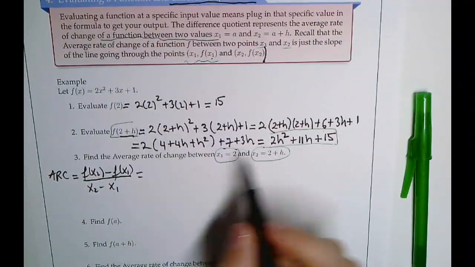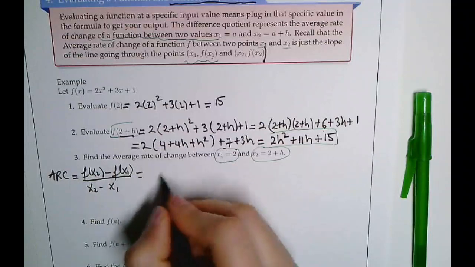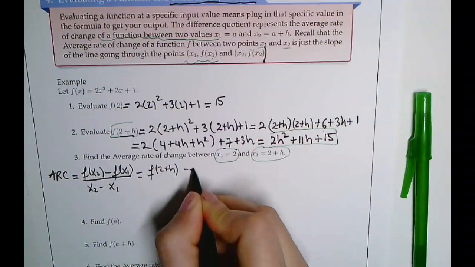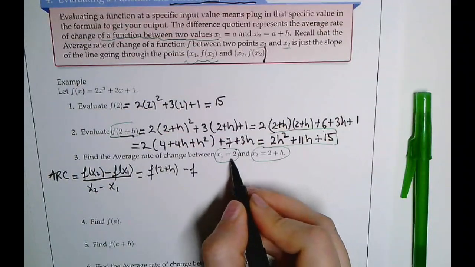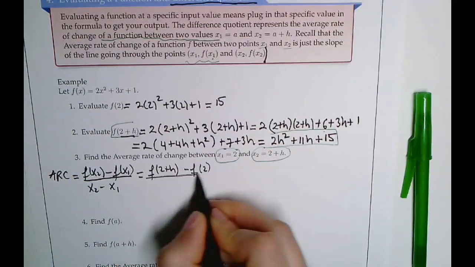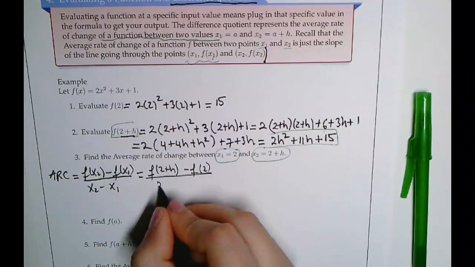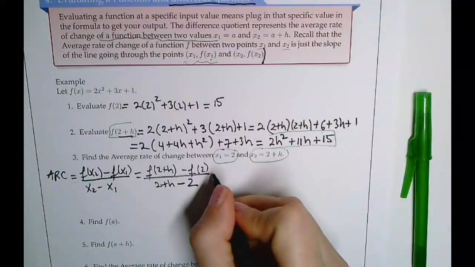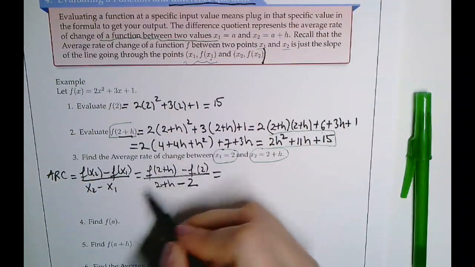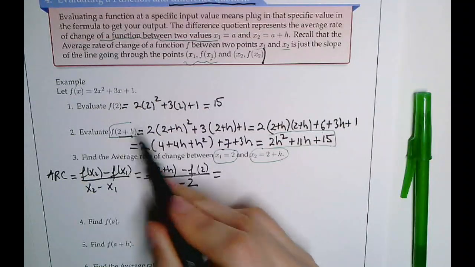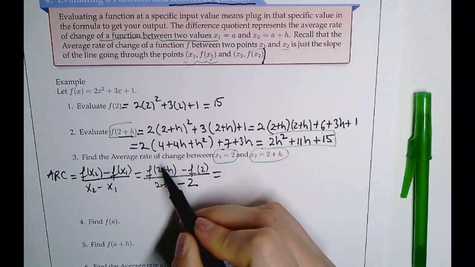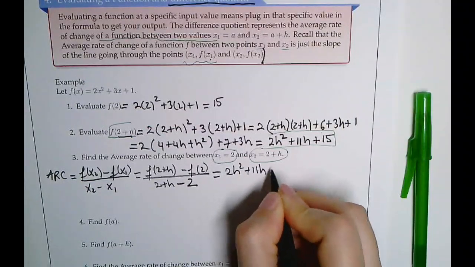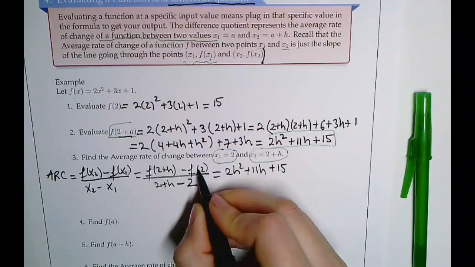But what is my x2? Well, my x2 is 2 plus h. So this is going to be f of 2 plus h minus f of x1, which is just f of 2, over x2, which is 2 plus h, minus x1, which is 2. So this is the average rate of change between those 2 points. And we already calculated what f of 2 plus h is, this whole thing. So f of 2 plus h is 2h squared plus 11h plus 15 minus f of 2.